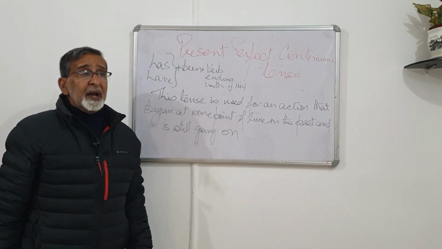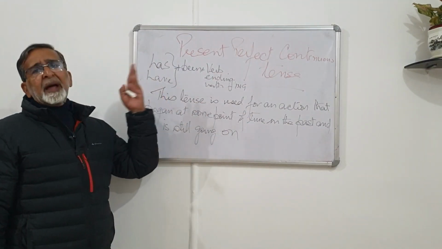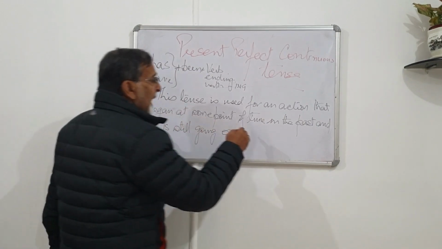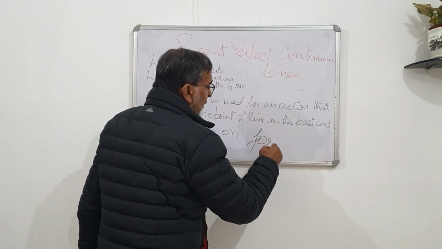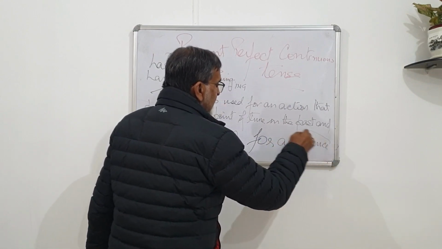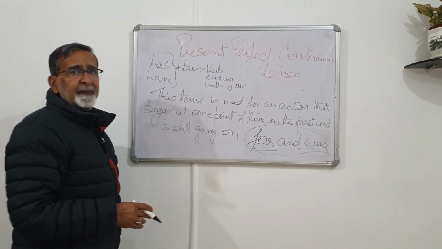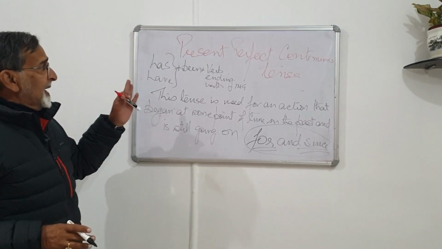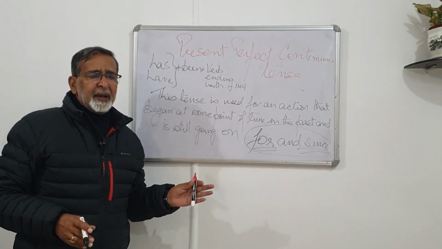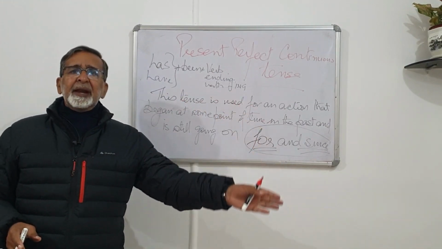Now you will notice कि जितने भी continuous tense हैं उन सब में verbs ending with ing लगता है. और इस टेंस में भी हम वर्ड्स for और since दोनों वर्ड्स का प्रयोग हम इस टेंस में भी करते हैं. Is that clear? Present perfect continuous tense, ये टेंस सिर्फ उस काम के लिए यूज होती है कोई एक्शन जो पहले कभी शुरू हुआ था और अभी तक चले जा रहा है.